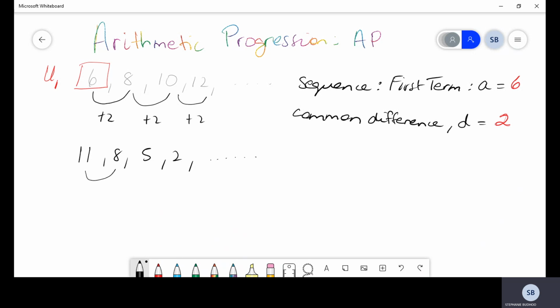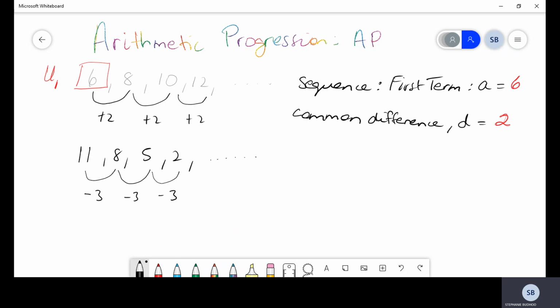Now, let's observe first of all if it is an AP at all. The number seems to be decreasing from 11 to 8 by 3. 8 minus 5 decreases by 3. 5 minus 2 decreases by 3.